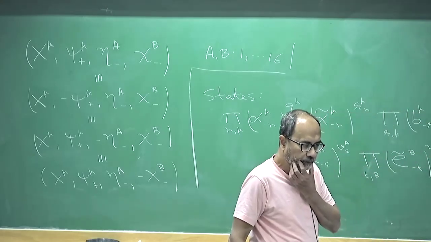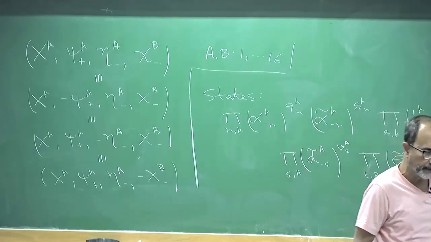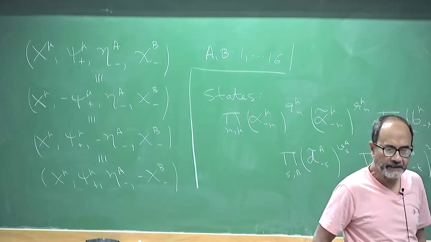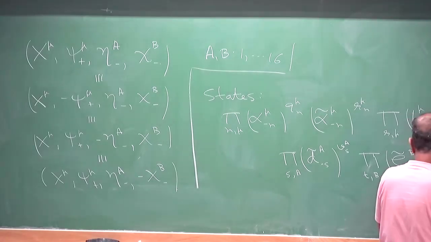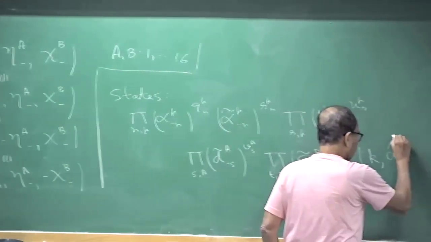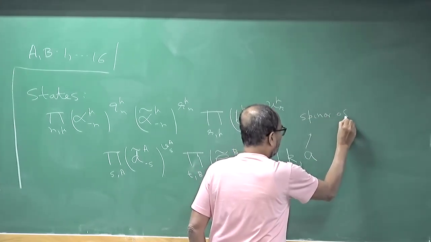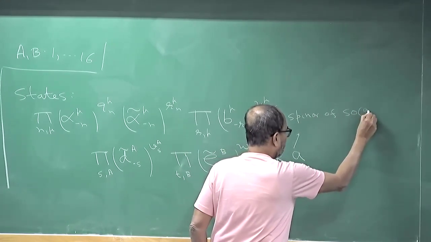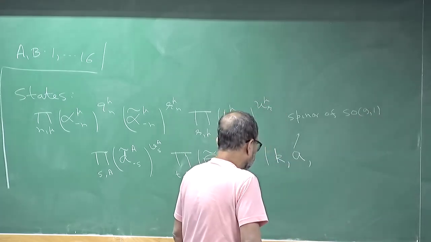Okay. And now in the NS sector only it's labeled by the Fock vacuum K. If it happens to be the Ramond sector, then it will carry a spinor index. Okay. So let me write those. So A, this is the spinor of SO9,1, and then there are two more spinor indices.